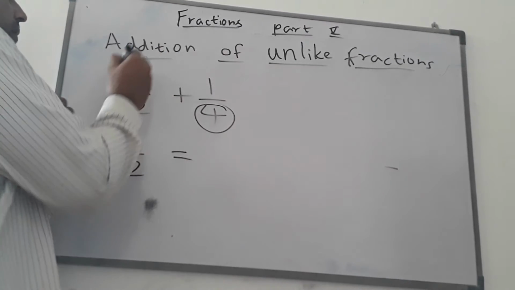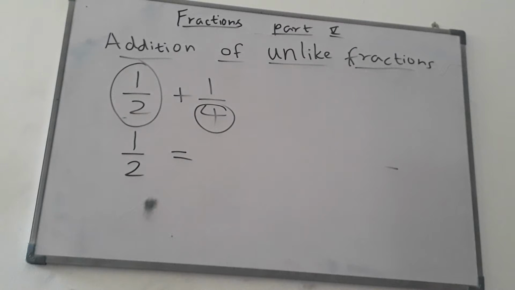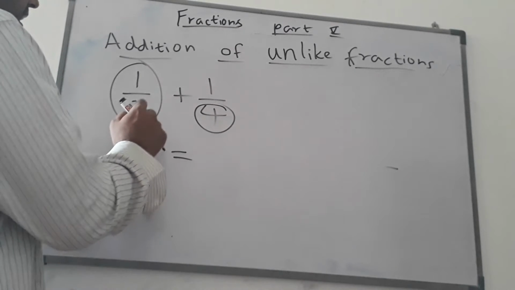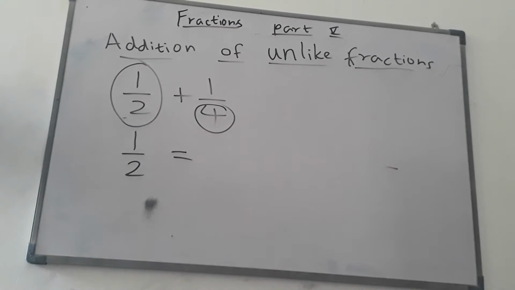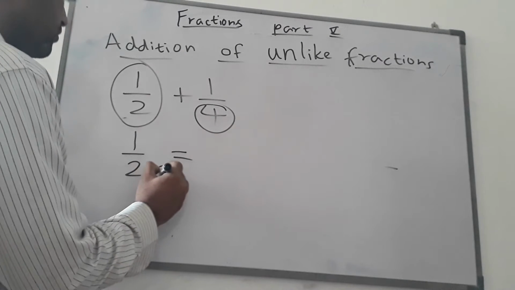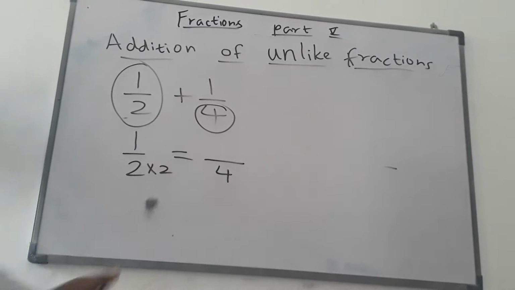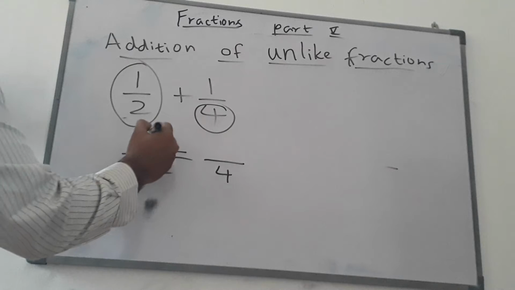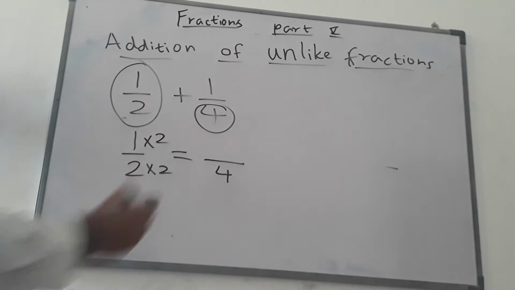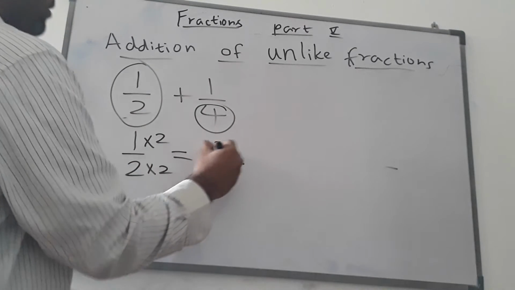How can we make 2 a 4? If we multiply 2 by 2, we get 4. Don't forget, if we multiply the denominator by 2, we have to do the same to the numerator. Hence it is 2 out of 4.